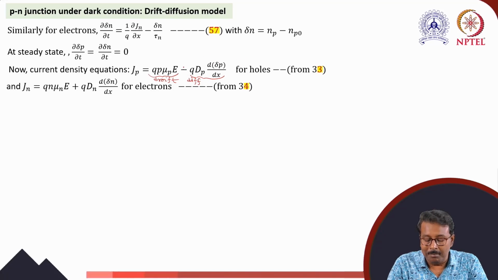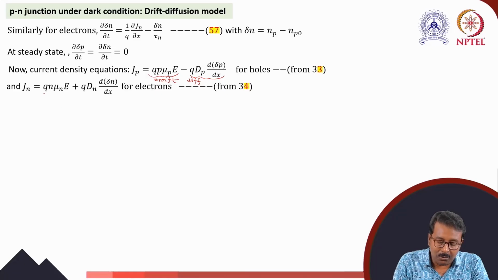The currents will be added. So ultimately it comes out plus. You should not think of this as minus. So the net current will be additive for the drift plus diffusion component, flowing in the same direction. Similarly, here also the drift part and diffusion part will be added.